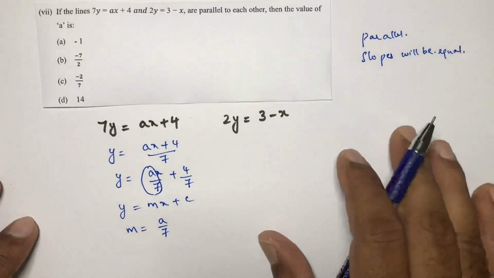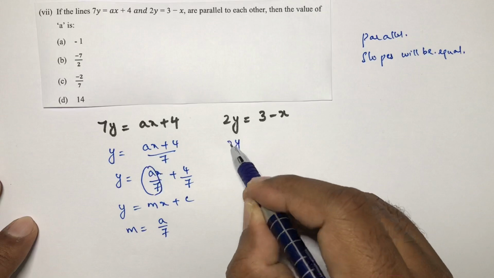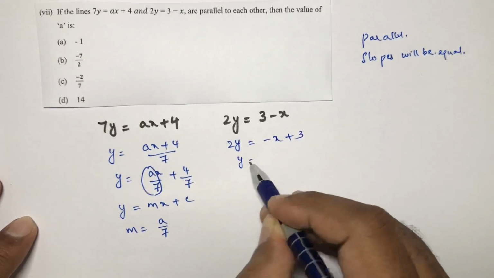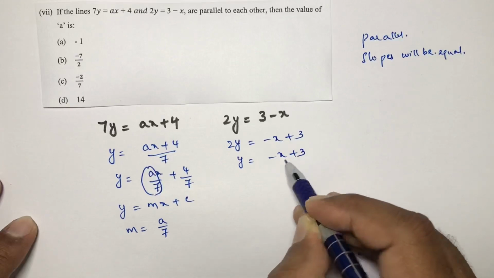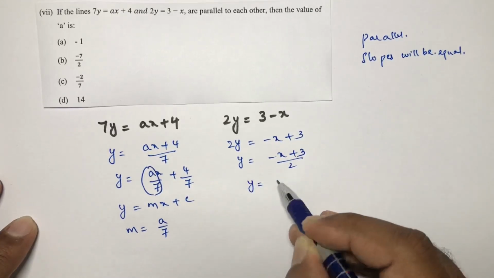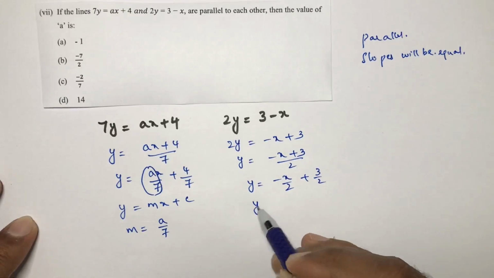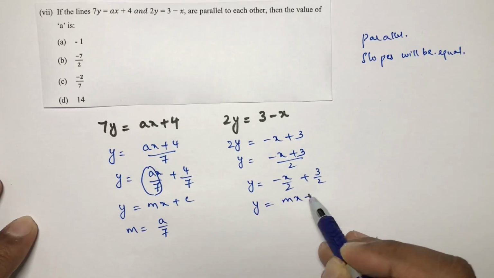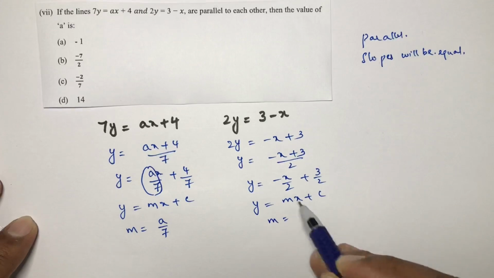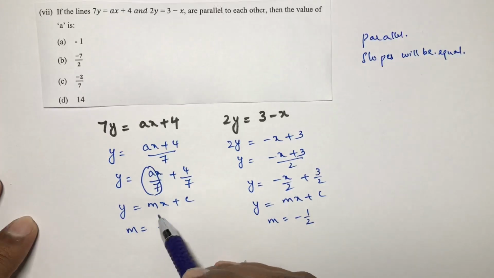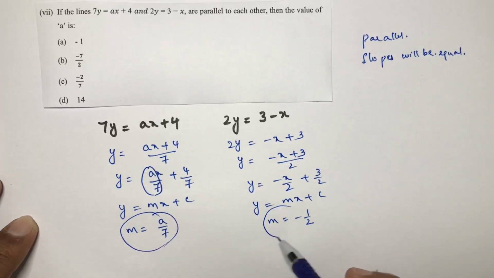Now for the other equation, first write x here: y equals minus x plus 3 by 2. So y equals minus x by 2 plus 3 by 2. If you compare with the slope intercept form, here the slope is minus 1 by 2. As the lines are parallel, the slopes will be equal.